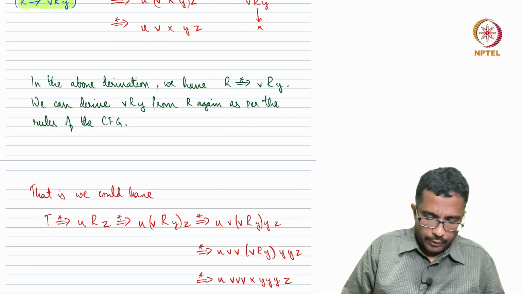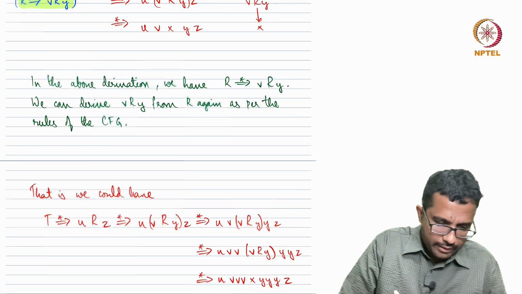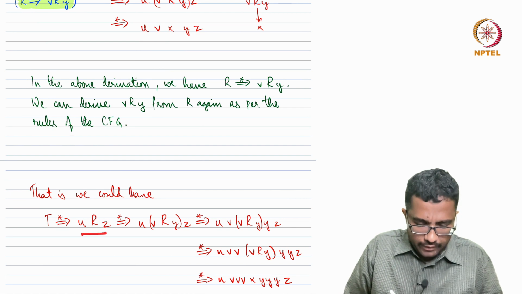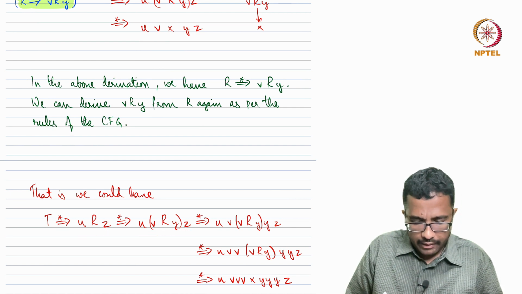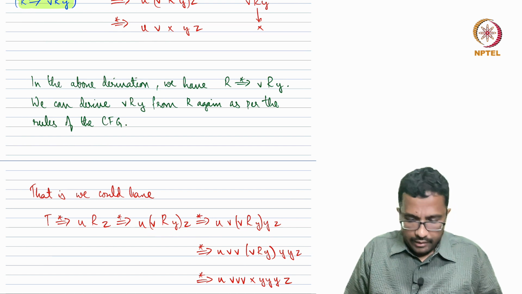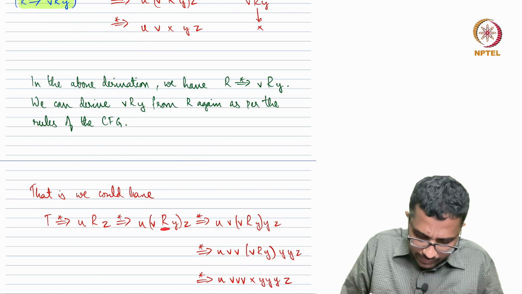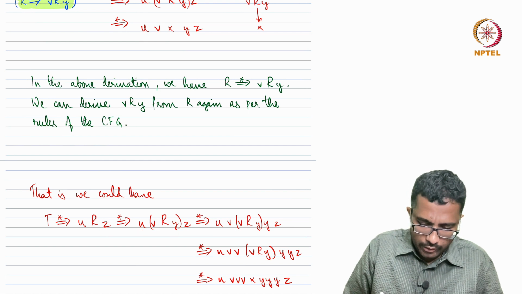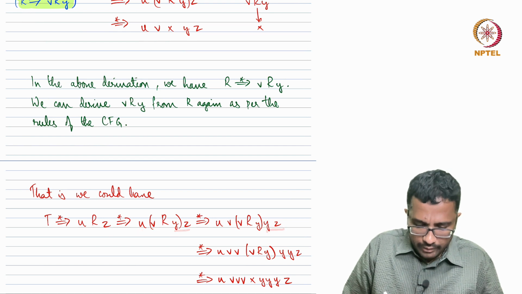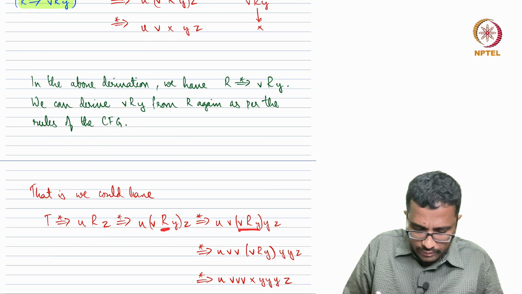So for instance, we said T gives URZ and R gives VRY. Now what if the middle R again gave VRY? So you have UV and UV before that, and you have YZ after that. So this R is going to give this VRY.